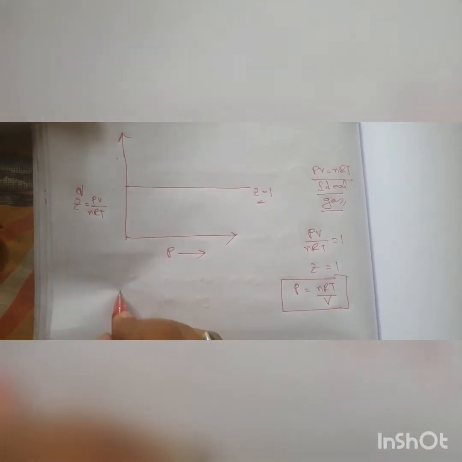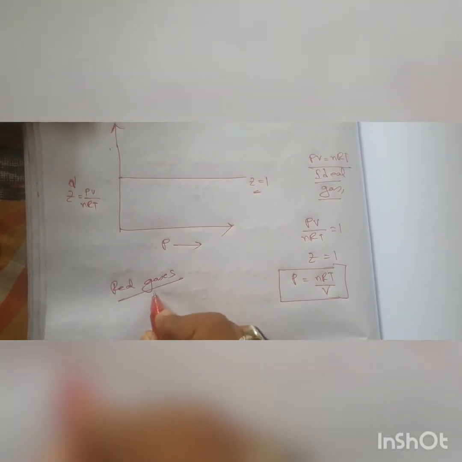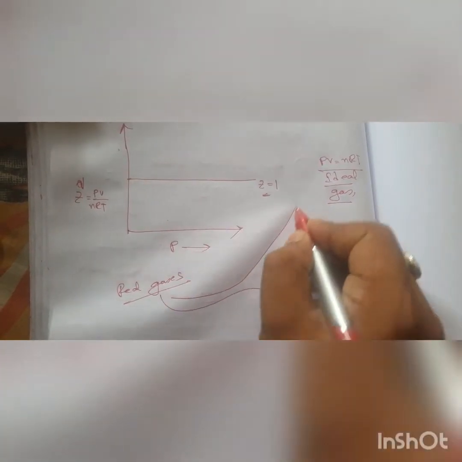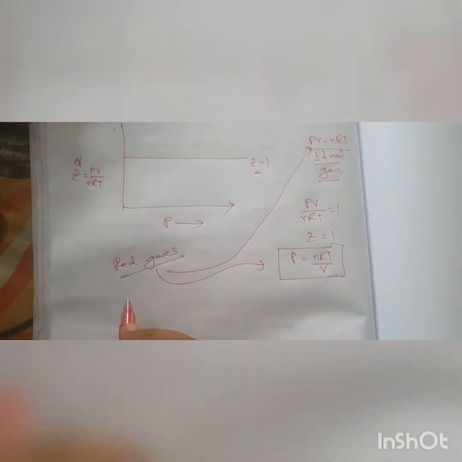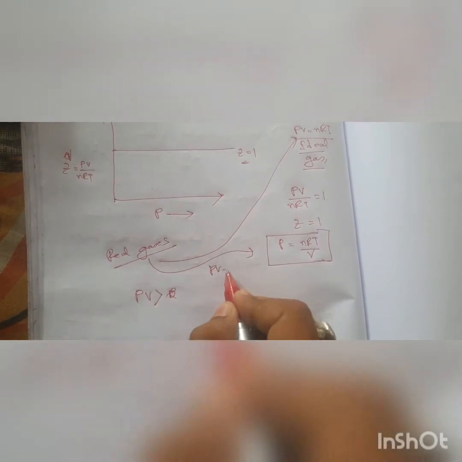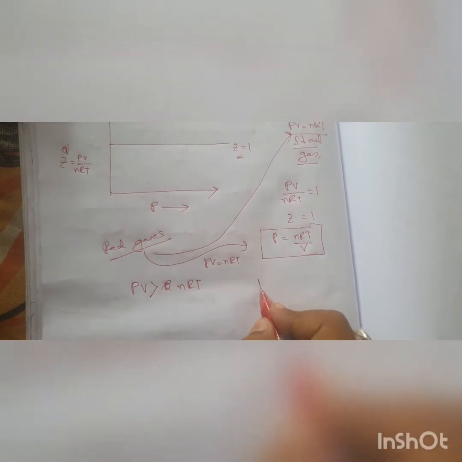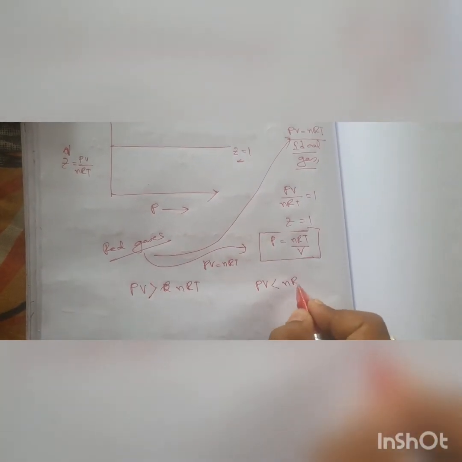However, real gases do not follow this equation, the ideal gas equation. Now if it is not following the equation, what could it be? PV can be either greater than nRT or less than nRT.